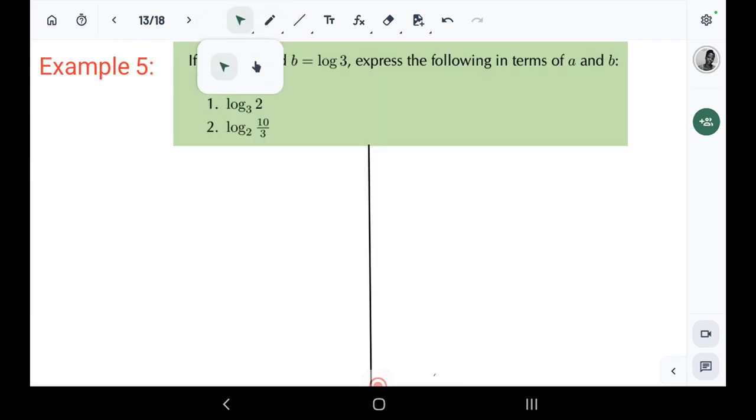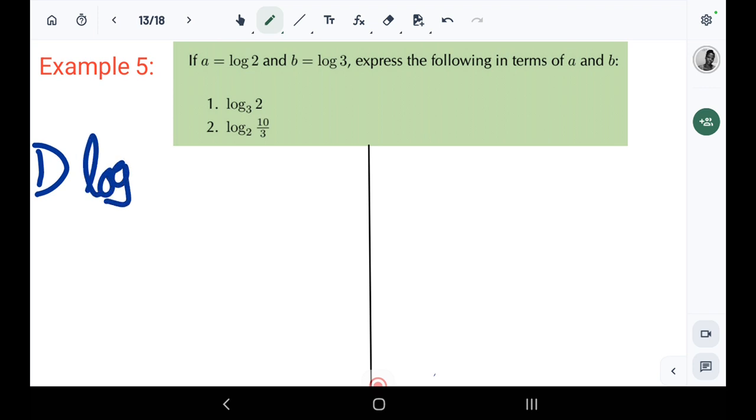Next, example 5. If a equals log 2 and b equals log 3, express the following in terms of a and b. 1 is log 2 to the base 3 and 2 is log 10 over 3 to the base 2. Let's start with the first one.